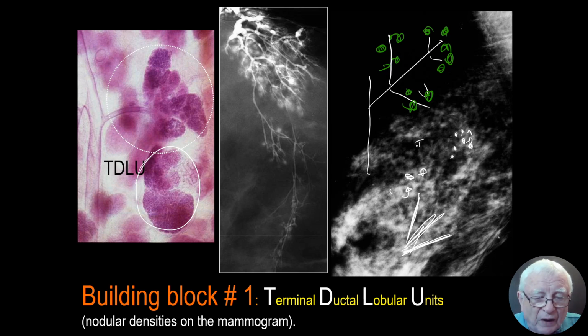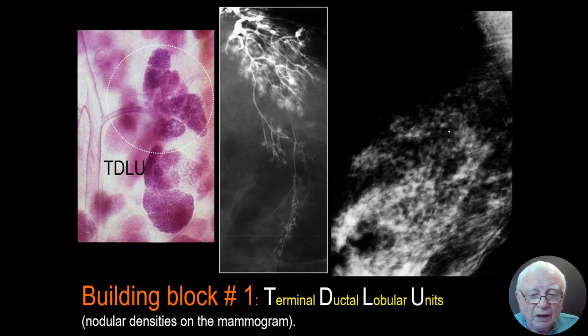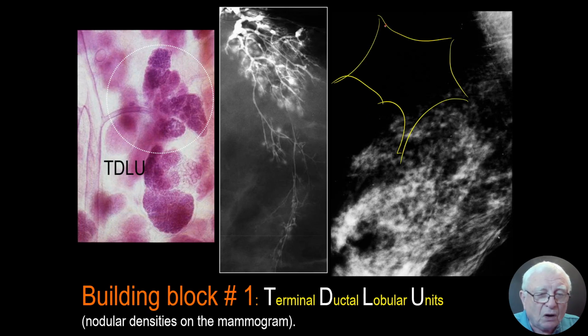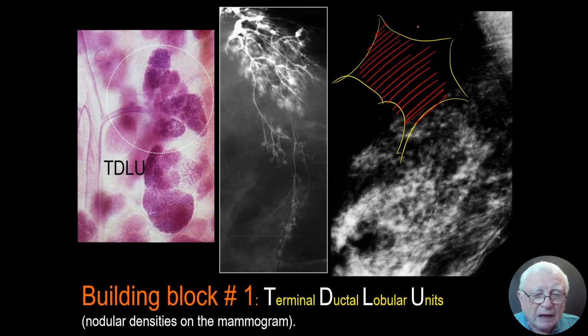And if I see fat separating one TDLU from another, then I can say, this is a TDLU, this is fat, this is a TDLU, this is fat. But here, for example, there is a lot of fibrosis. I cannot distinguish them. And that's why basic building block called fibrosis, in front of the pathologist, it's red because the eosin is staining it red.